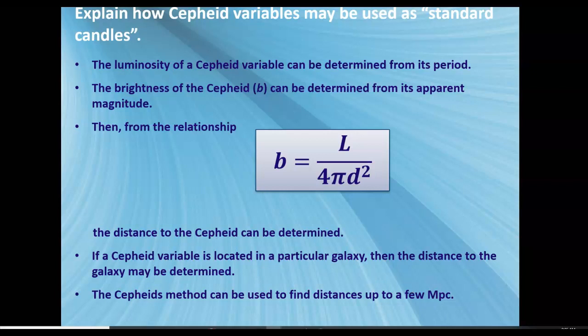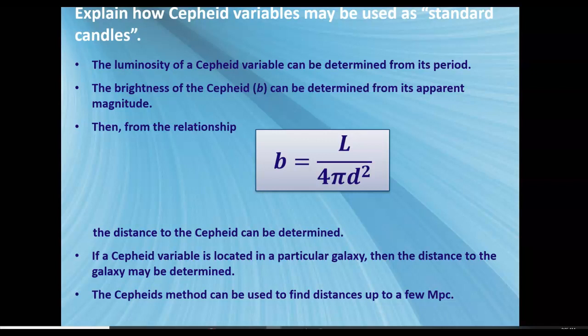Of course, the downside is if we want to know how far away a galaxy is, there just happens to have to be a Cepheid variable in that galaxy, and we can't make there be one, so we're limited by where we find Cepheid variables in the universe. If that galaxy happens to have one, then good for us. Otherwise, we have to do something else.